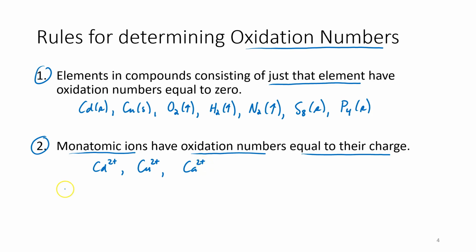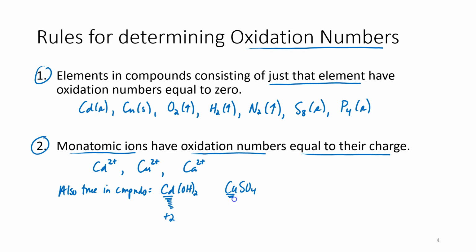And this is also true in compounds. For example, the compound cadmium hydroxide, we have a monatomic ion, the charge is +2, that's also its oxidation number. Or how about copper 2 sulfate?